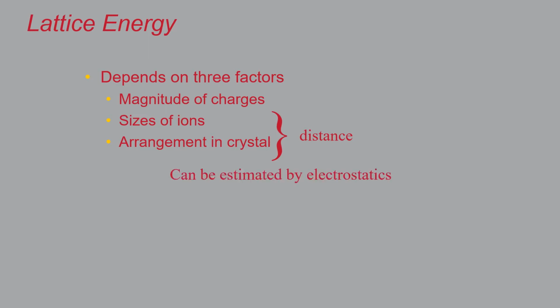And you can estimate this by using simple electrostatic physics. The equation is pretty straightforward. It is this. And this here is just a constant of nature. But the important part is, again, the magnitude of the two charges, divided by the distance.